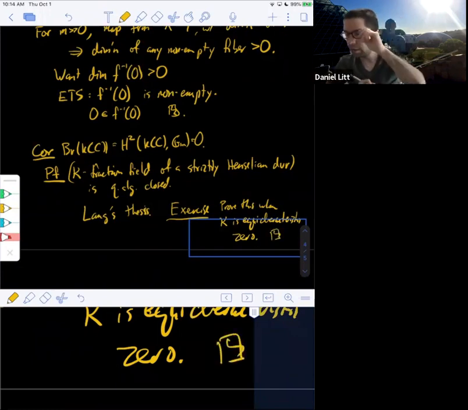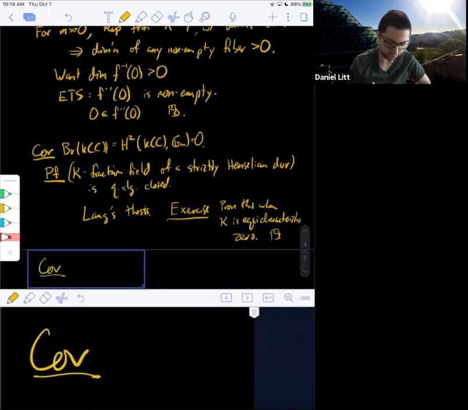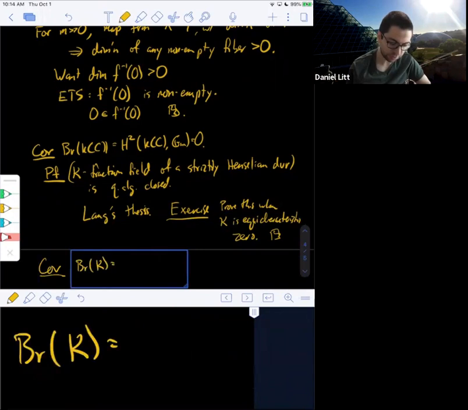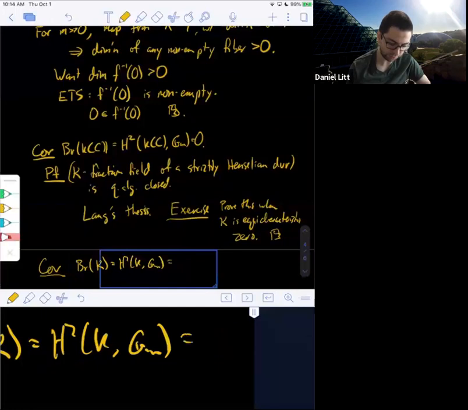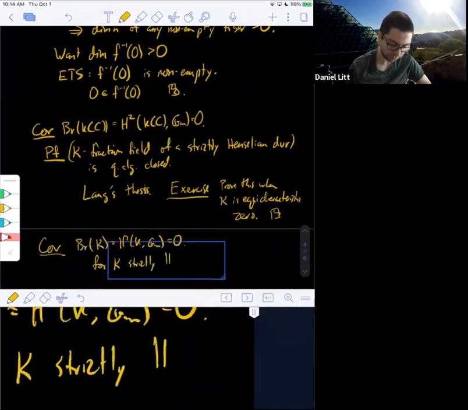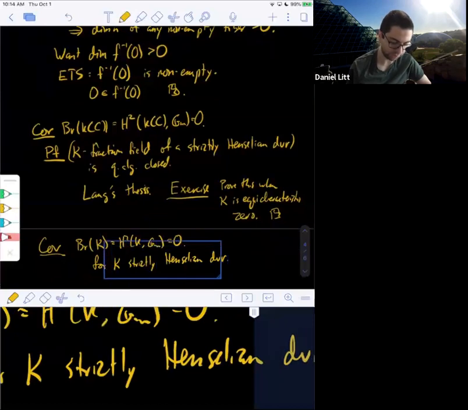All right, cool. And then the corollary of this theorem, which is in Lang's thesis, and I will let you take a look if you would like, is that the Brauer group of K is the same as H2 of K with coefficients in G_m, which is 0, for K strictly Henselian DVR, or fraction field of one of those.